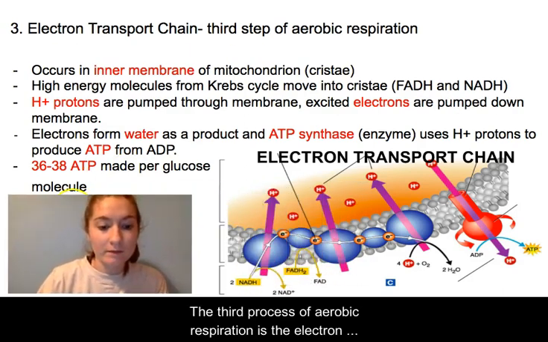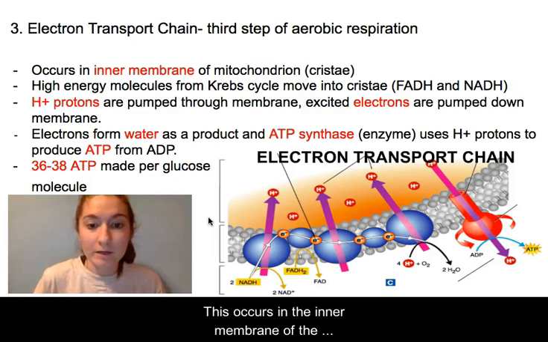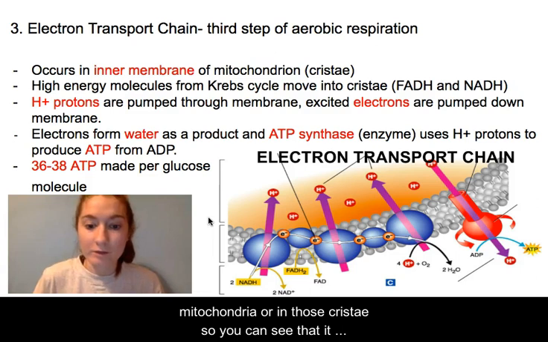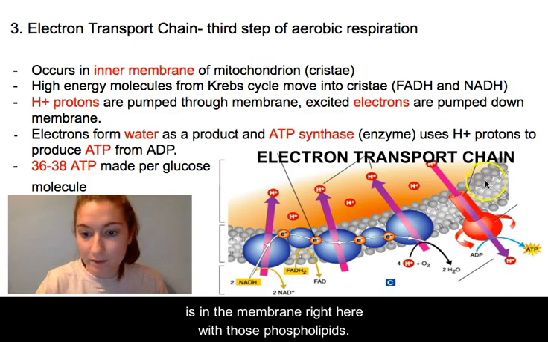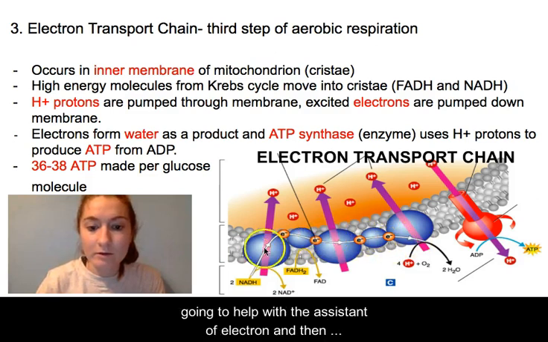The third process of aerobic respiration is the electron transport chain. This occurs in the inner membrane of the mitochondria, or in those cristae. So you can see that it is in the membrane right here with those phospholipids. You can see all the different proteins in there that are going to help with the assistance of the electron.